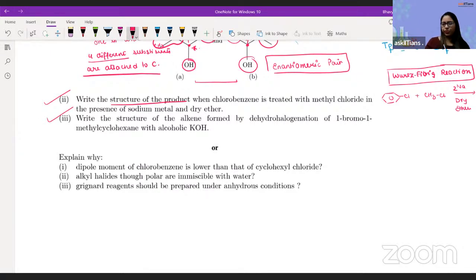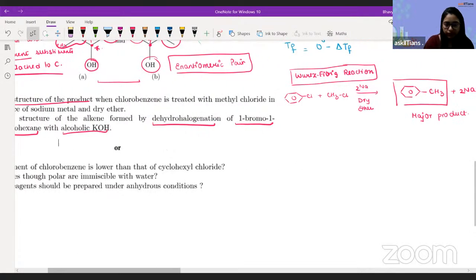The third and last part, which we are going to do for today's discussion, is: write the structure of the alkene formed by the dehydrohalogenation of 1-bromo-1-methylcyclohexane with alcoholic KOH.